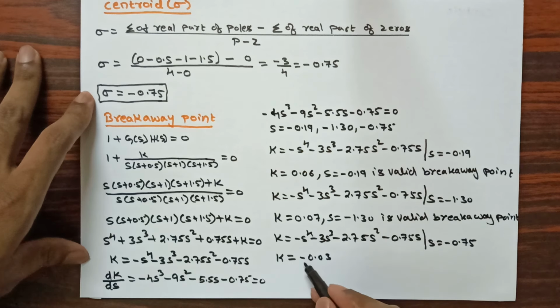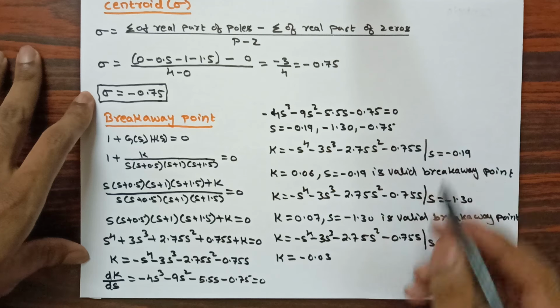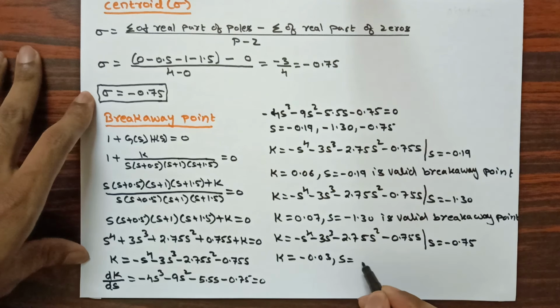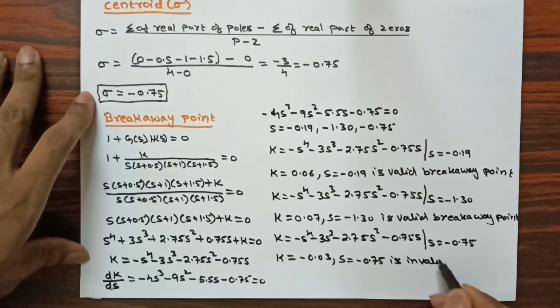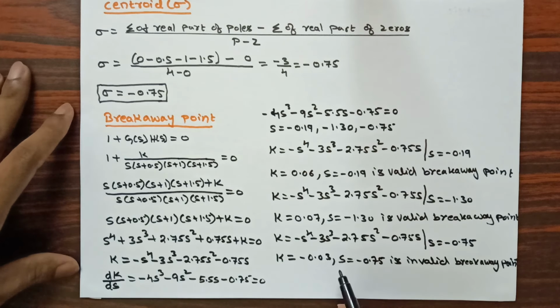So you can see now I am getting a negative value. Therefore s is equal to minus 0.75 is an invalid breakaway point. So in this way we check the valid and invalid breakaway points by substituting in the k equation.